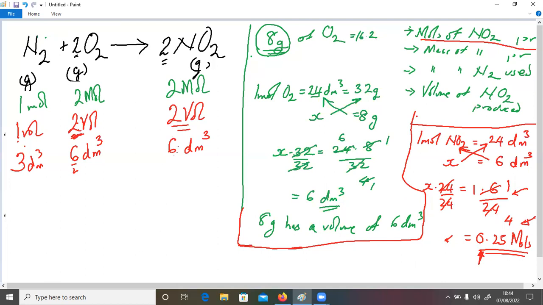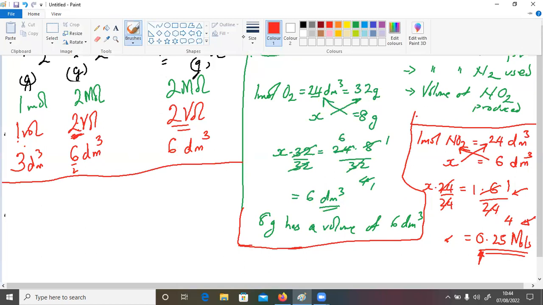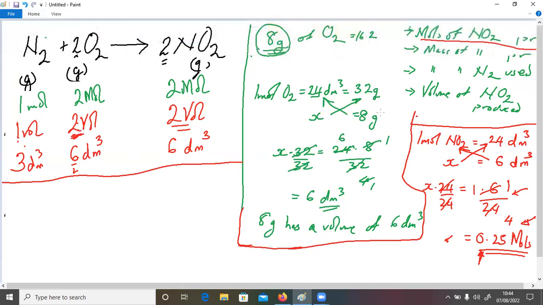So instead of using the calculated volume, we are going to use the same 6 dm cubed, which we know to be the volume of our starting point. So we want to know the mass of nitrogen dioxide produced.